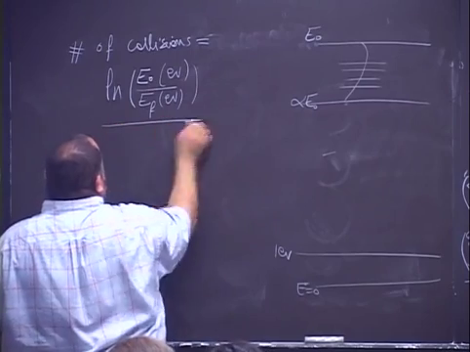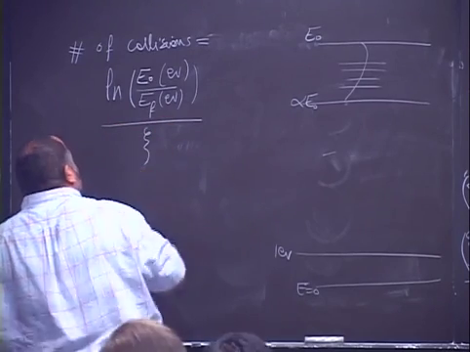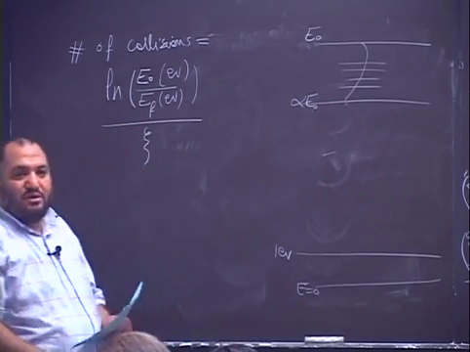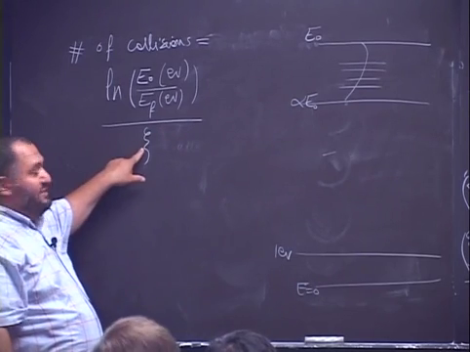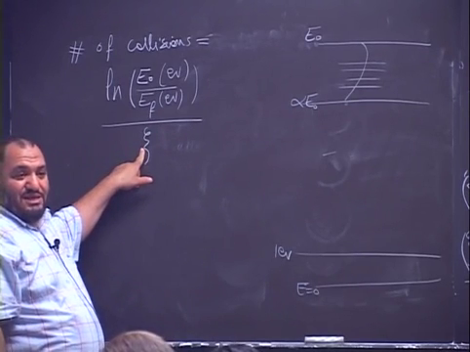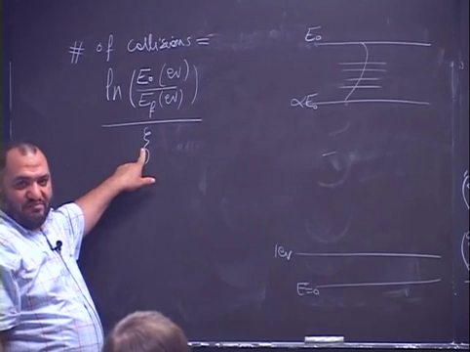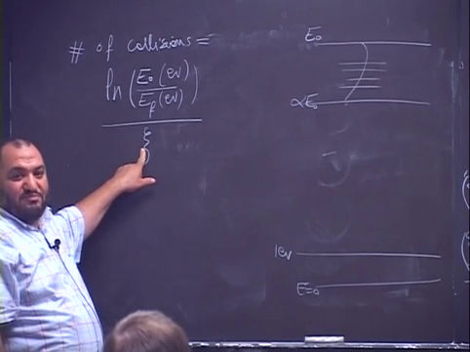Then I will divide this by zeta. Why, guys? This is what? The average logarithmic energy lost per collision.